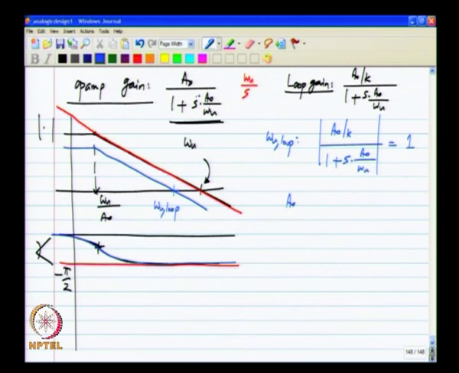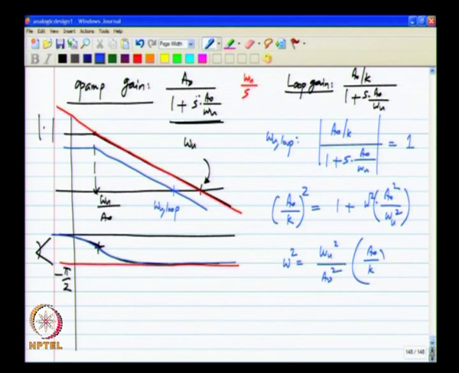We will get (A naught by k) square to be 1 plus omega square A naught square by omega u square. So, if I simplify this, I will get omega square to be omega u square by A naught square times (A naught by k) whole square minus 1, or I will take A naught inside, omega to be omega u times square root of 1 by k square minus 1 by A naught square.